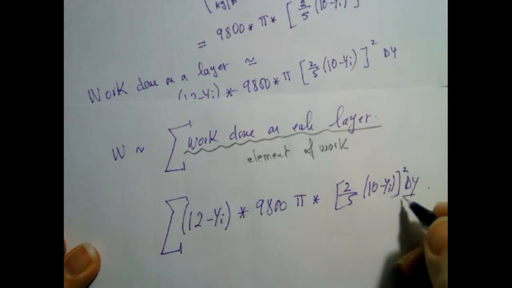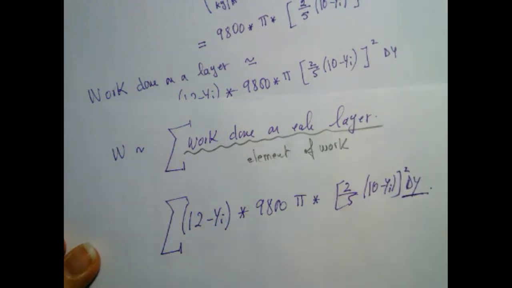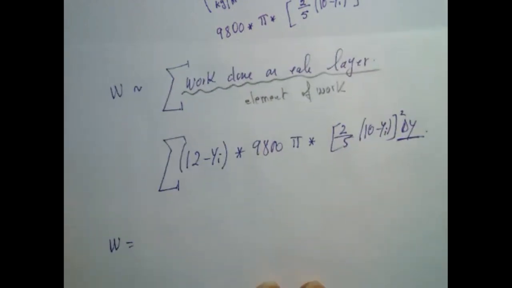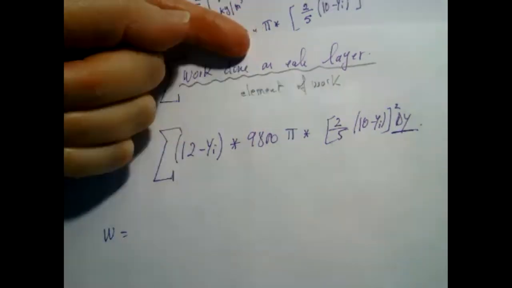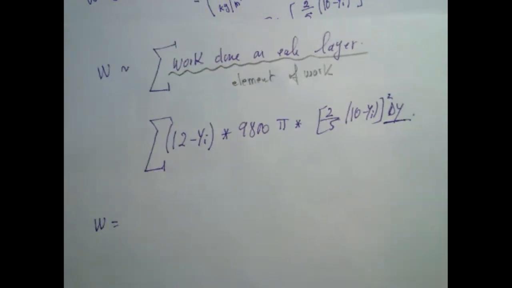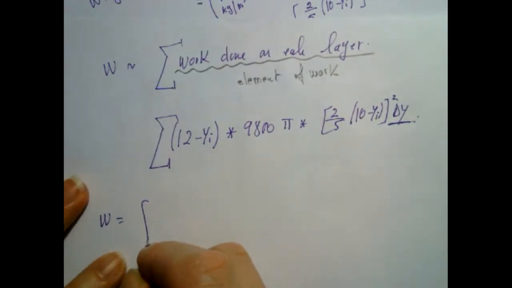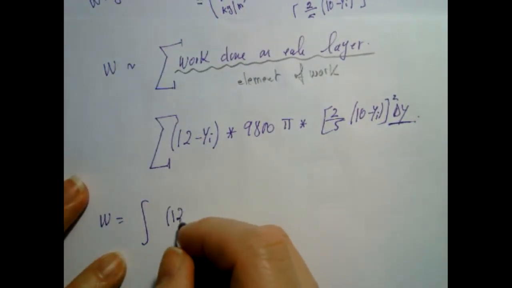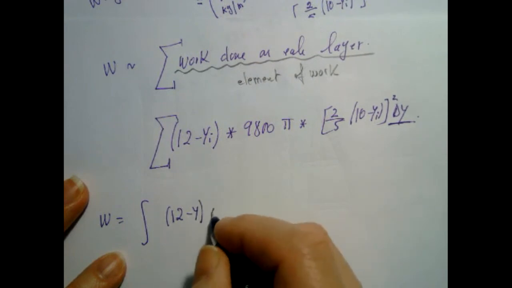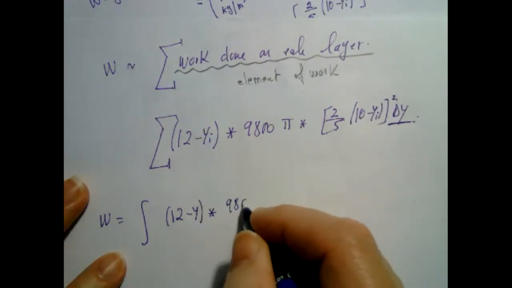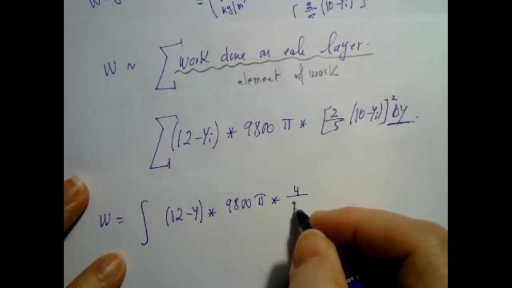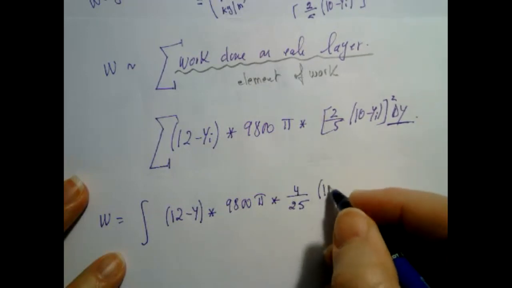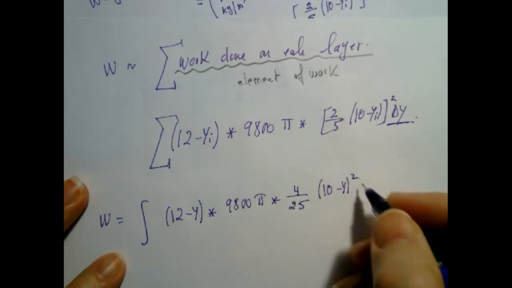As we know, when delta y becomes very, very small, my approximation is better because I can assume the water within a layer is lifted by the same amount. If delta y is big, then this is really nonsense. So it's going to be the integral of 12 minus y times 9800 pi times 4/25, that's my radius, then minus y squared dy.